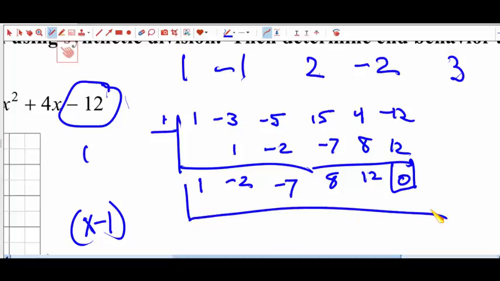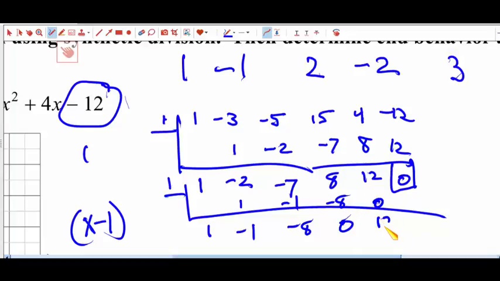Now when one value works, try it again until it doesn't work. So I'm going to try 1 again. And I'm not going to get a remainder of 0, I get a remainder of 12. So now instead I'm going to try negative 1.